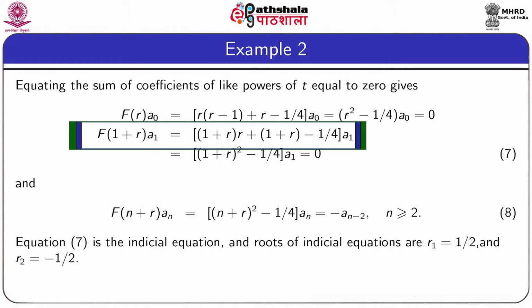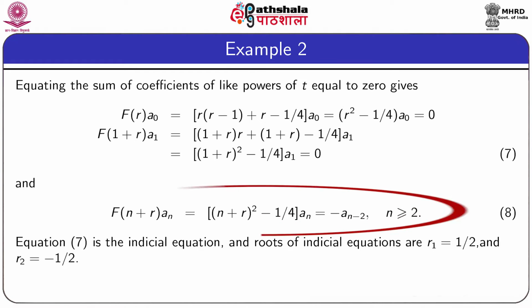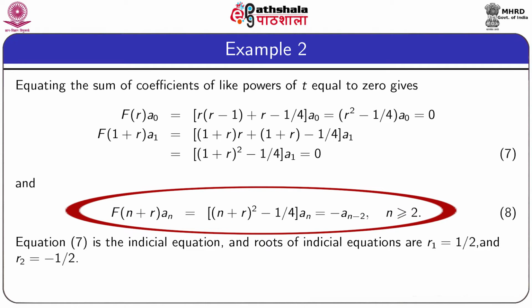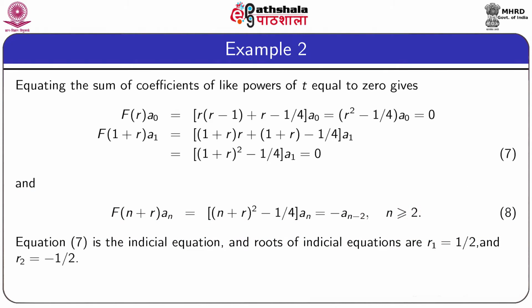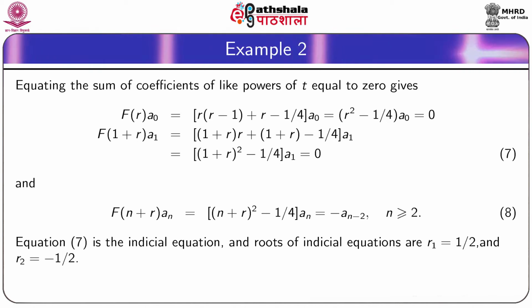Then f(r plus 1) into a 1 equal to [(1 plus r) into r plus (1 plus r) minus 1 by 4] into a 1, which simplifies to ((1 plus r) whole square minus 1 by 4) into a 1 equal to 0. And lastly, f(n plus r) into a n is equal to ((n plus r) whole square minus 1 by 4) a n is equal to minus a n minus 2, where n greater or equal to 2.